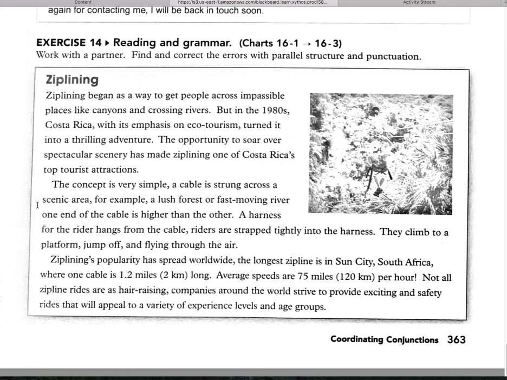A harness for the rider hangs from the cable, period. Capital R. Riders are strapped tightly into the harness, period. They climb to a platform, comma, jump off, comma, and fly. Not flying, and fly, simple form, through the air.